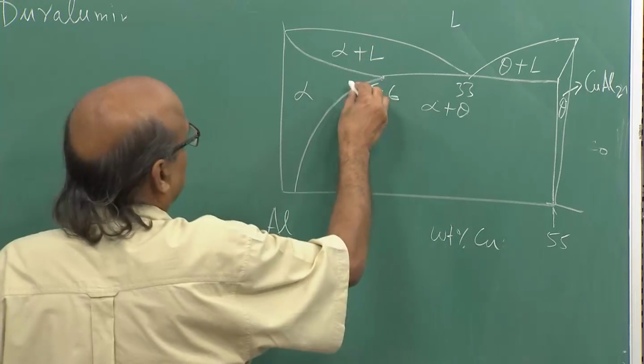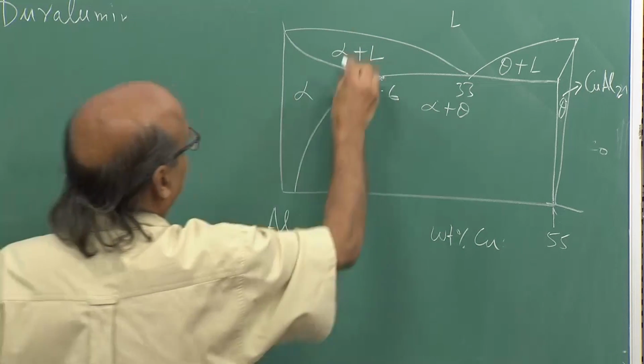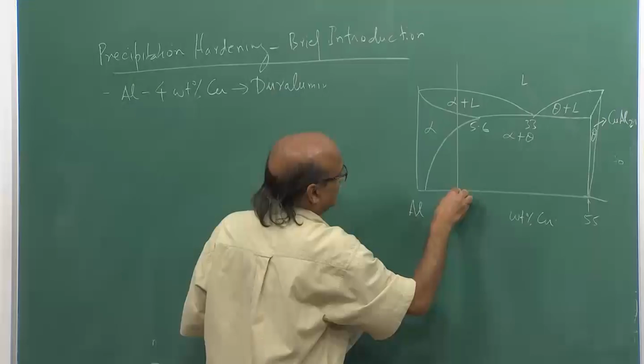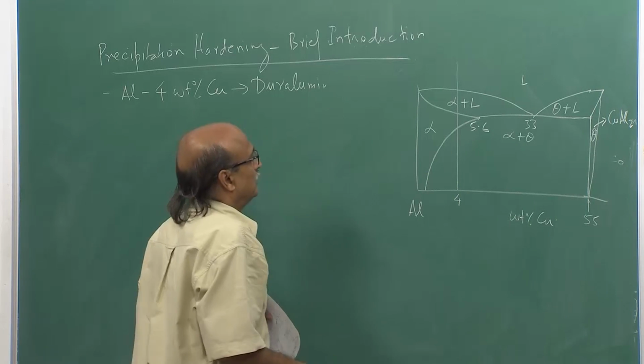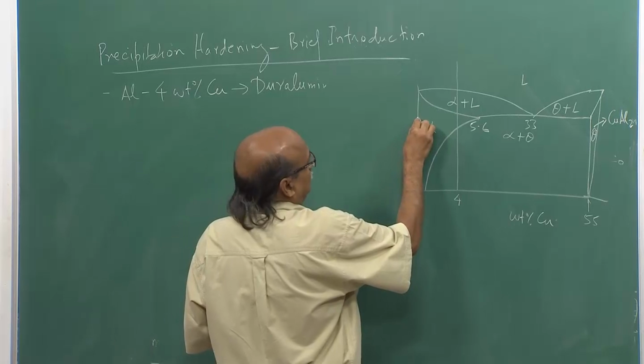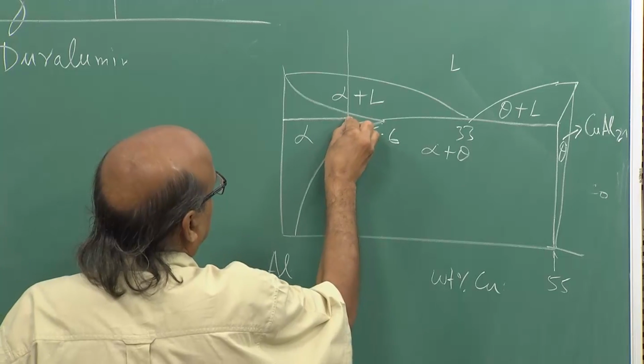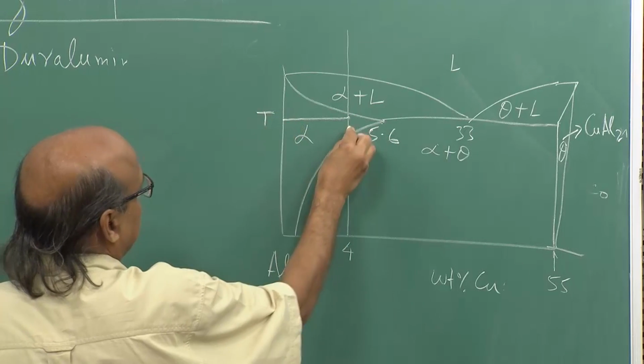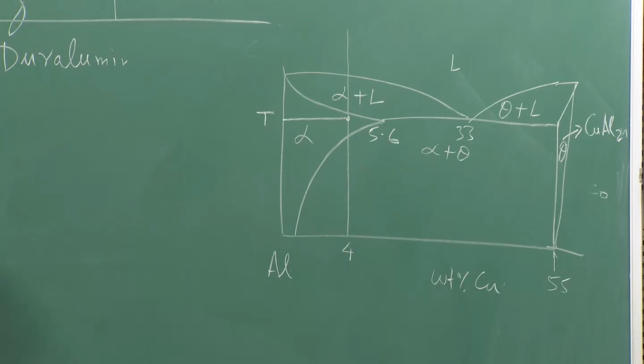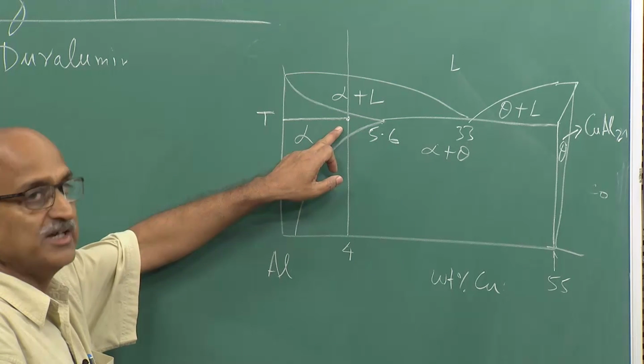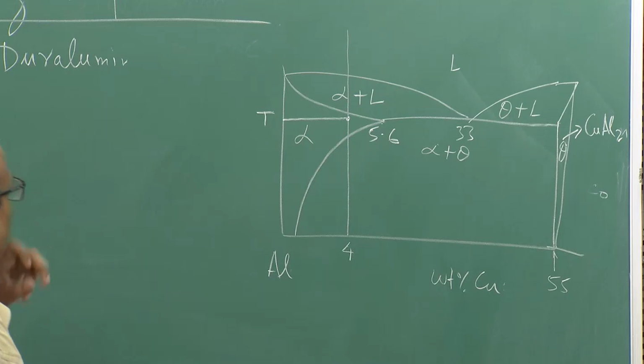If I take a 4 weight percent alloy, which may be somewhere here, and take this alloy at some temperature T inside the alpha phase, I start with a single phase copper 4 weight percent alloy.